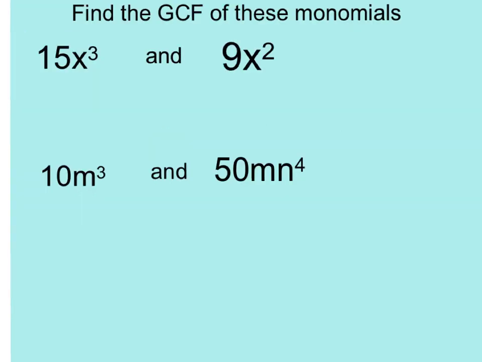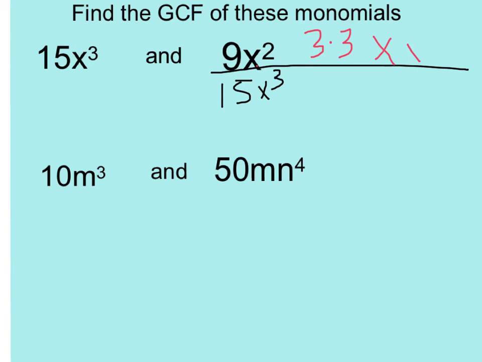Okay, let's find greatest common factors of these monomials when they have variables involved. The method I'm going to use is list out my factors. So the factors of 9, if I break 9 apart, it's 3 times 3. And then I'm going to list my x's. I have 2 x's. For 15, I'm going to break that apart and do 3 multiplied to 5. And I have 3 x's right here. So I'm going to write all 3 of those.